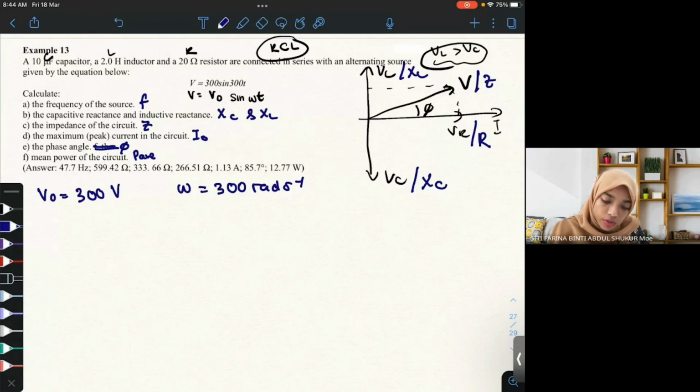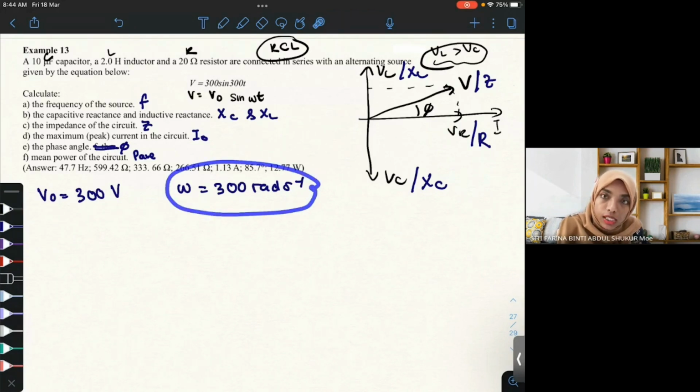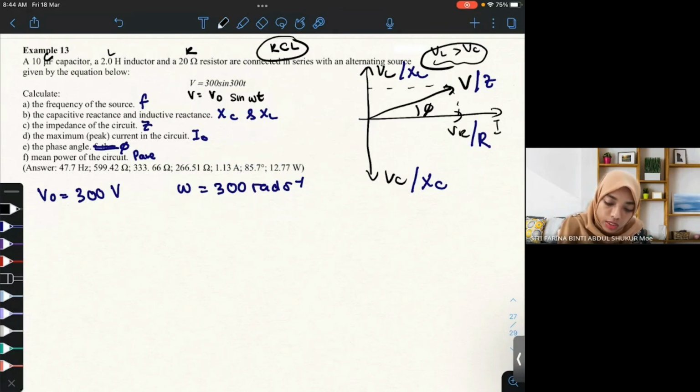So, first question to find the frequency. Okay, nak cari frequency tak ada masalah sebab kita dah deduce omega from the equation. You have compared the equation with the general equation. So, this one is 2 pi F is equals to omega.